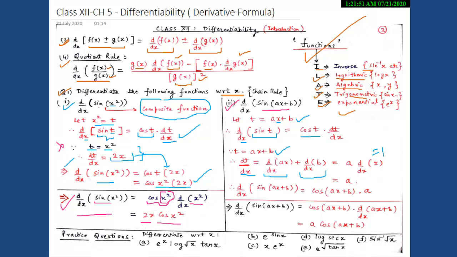The derivative of x with respect to x is equal to 1, and since b is a constant and you all know that differentiation of a constant is always equal to 0, therefore d by dx of b is equal to 0. So students, from here we get d by dx of sin(ax plus b) is equal to cos(ax plus b) into dt by dx, which is equal to a.